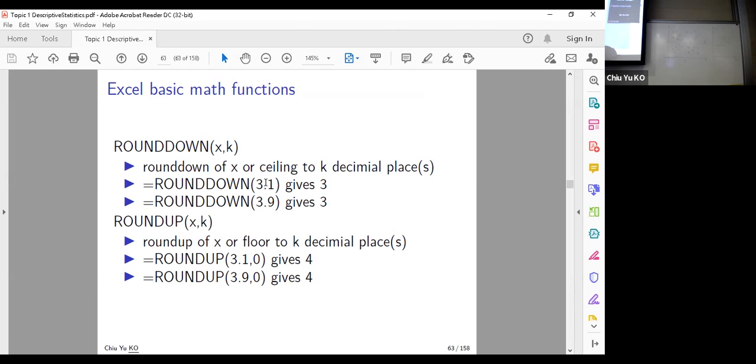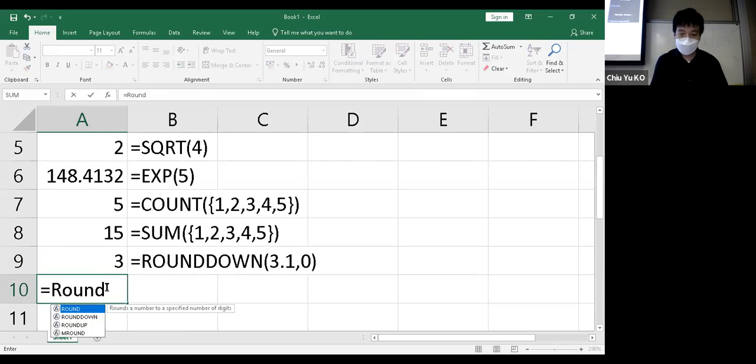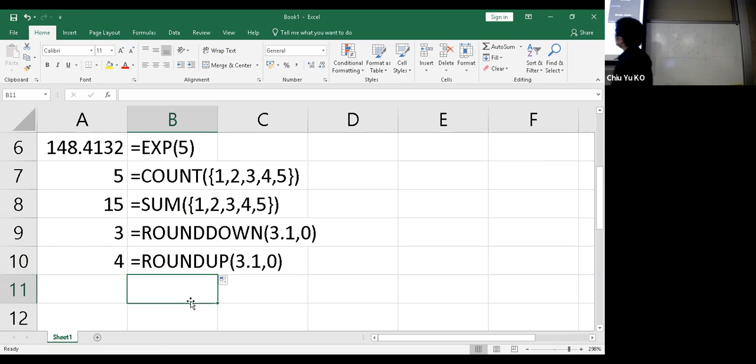Sorry for the typo, I should have comma 0. Similarly, if I have ROUNDUP of 3.1, and then 0, that will give you 4. That's how you get the rounding, the basic calculation. You can try that. Let me know if you have any questions before we proceed.